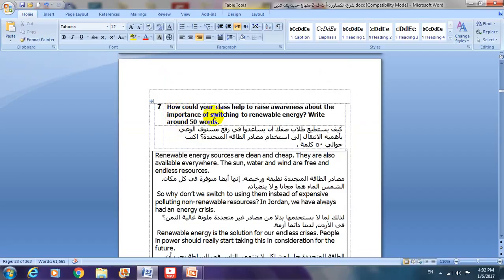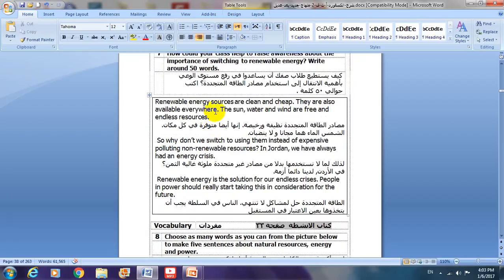7. How could your class help to raise awareness about the importance of switching to renewable energy? Write around 50 words. Renewable energy sources are clean and cheap. They are also available everywhere. The sun, water, and wind are free and endless resources.